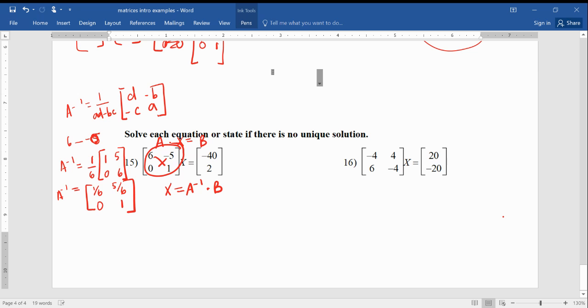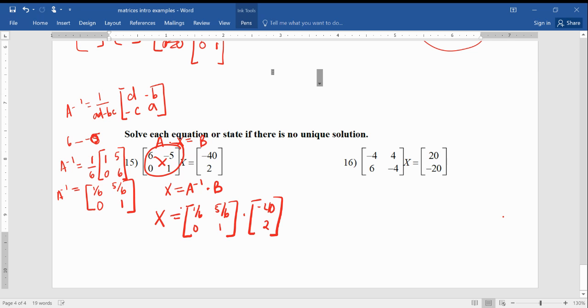Alrighty, so our inverse goes first. Then we're going to multiply that by matrix B. And from here, we're just going to do matrix multiplication. That's what we just did in the last lesson.